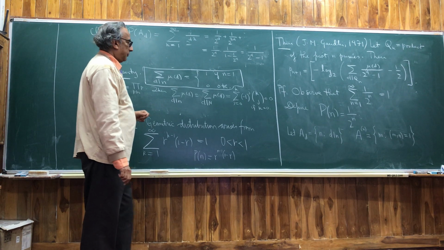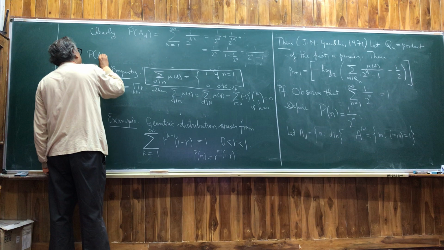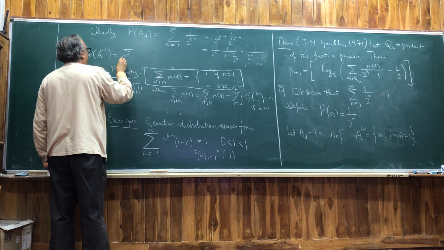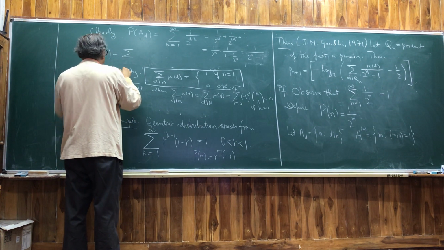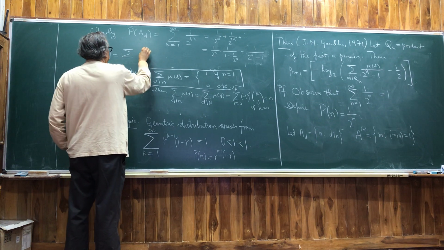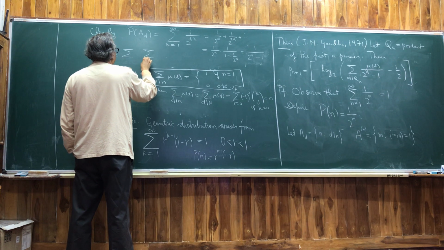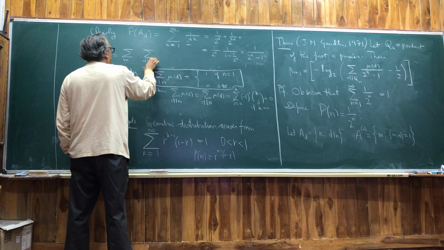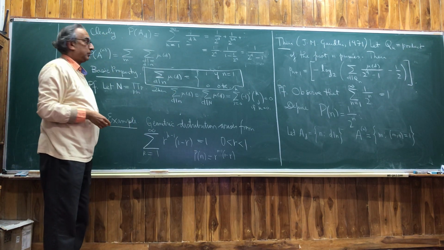Now what about the measure of A superscript n? The probability of A superscript n is the measure of, so we go over all the m's, and we make sure that m and n are co-prime, and use this result, that the GCD is 1.